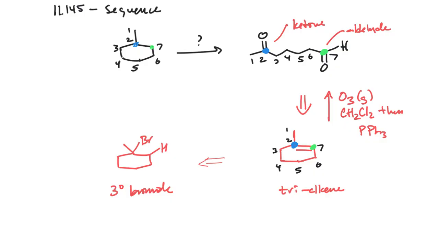So elimination, in this case, is dehydrohalogenation. So if we have a tertiary bromide with a small base, that will do the Zaitsev elimination, and then we can get the tri-substituted alkene.